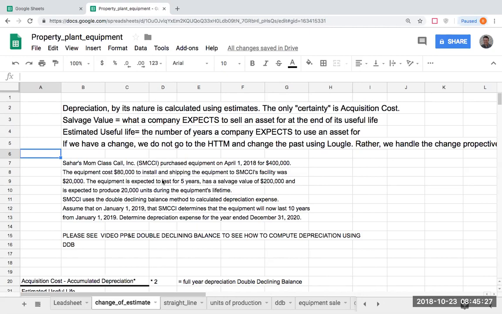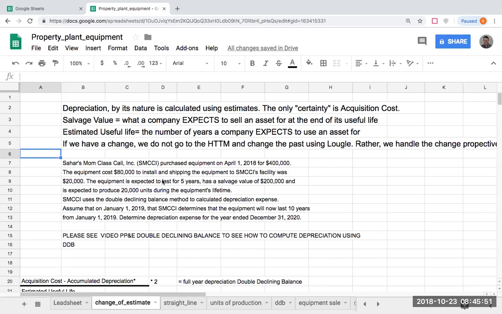So when we look at depreciation and how we compute it, there are really three elements. One is acquisition cost, meaning what did we spend to acquire a particular asset? That is really not going to change. There are some things later which could change it, but we're not focused on that right now.